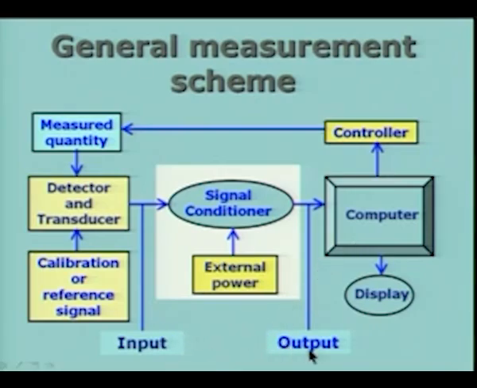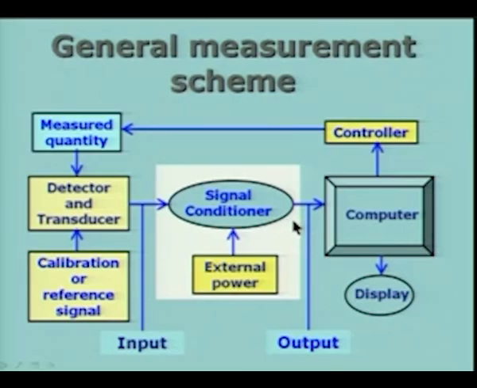Between the input and the output, we have what is called the signal conditioning circuitry. What it does is it changes the input level to the desired level at the output by either increasing or decreasing the value, that is by amplifying or reducing the amplitude or the signal magnitude.